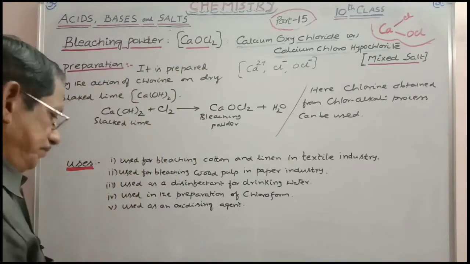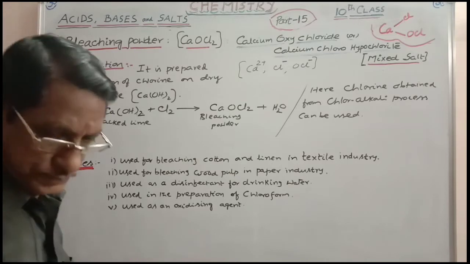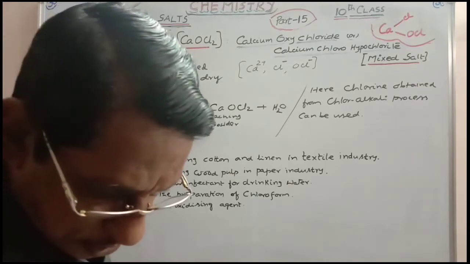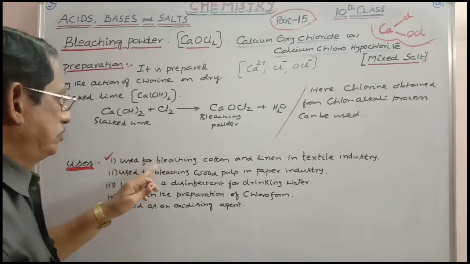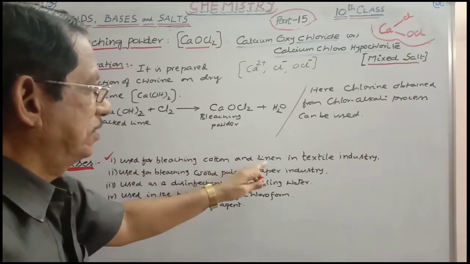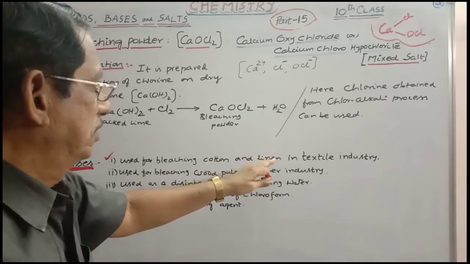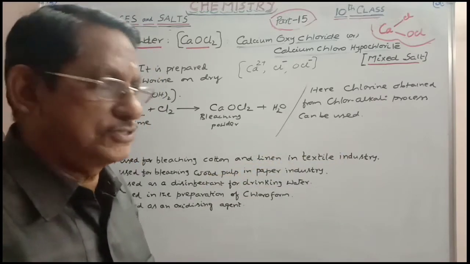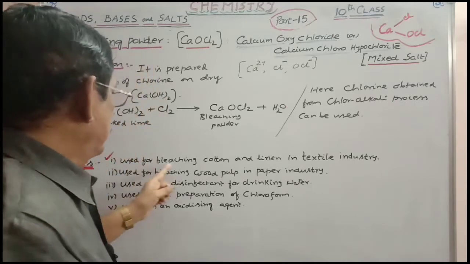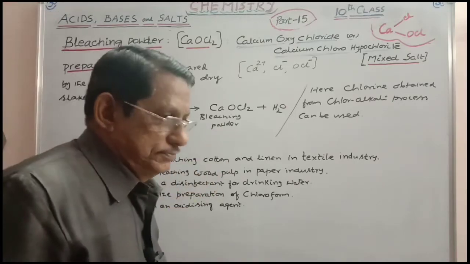What are the uses? That is more important for us. You have to remember these uses carefully. The first one: it is used for bleaching cotton and linen. It is also a cloth. In the textile industry, the cloth industry, use it for bleaching cotton.